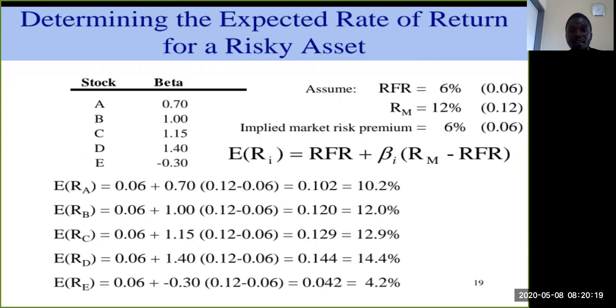So we've got determining the expected rate of return for a risky asset. We are using the same equation.